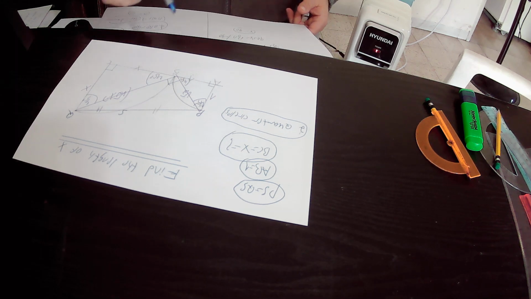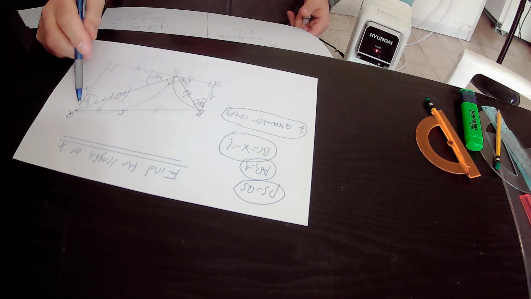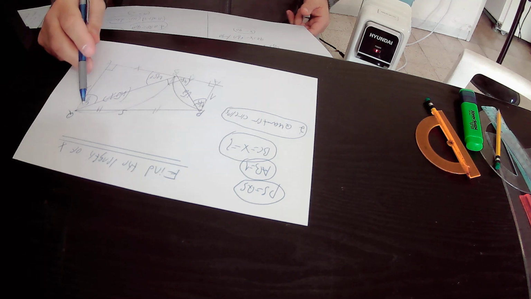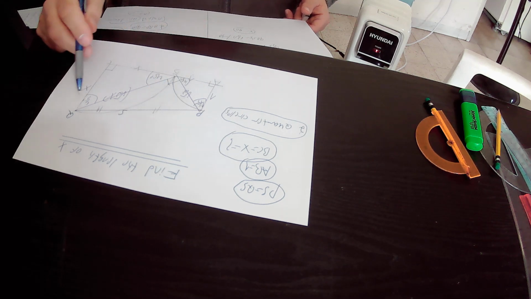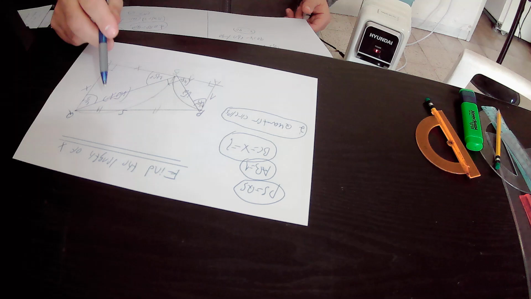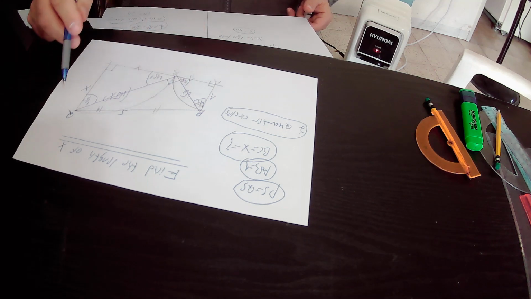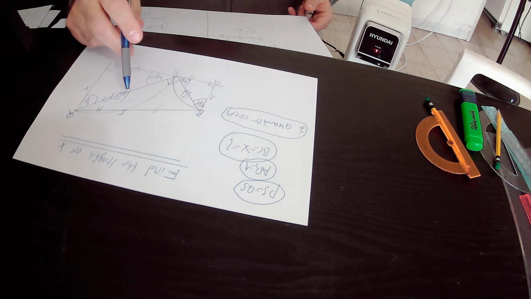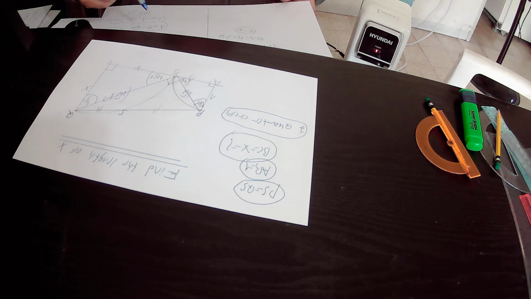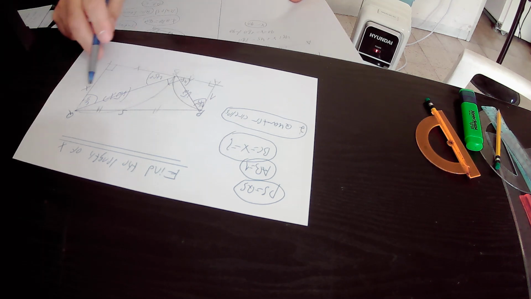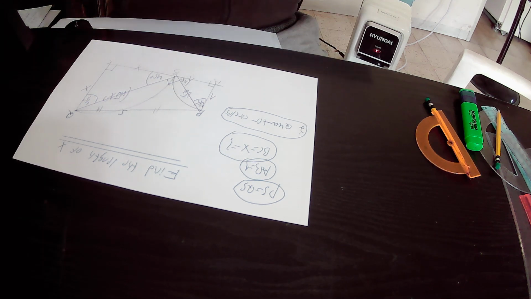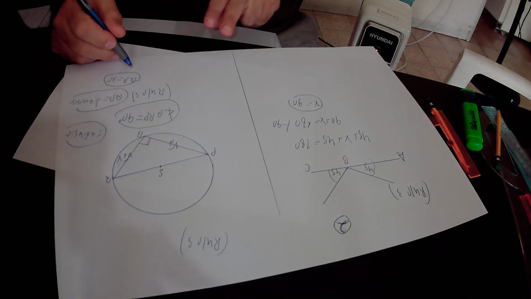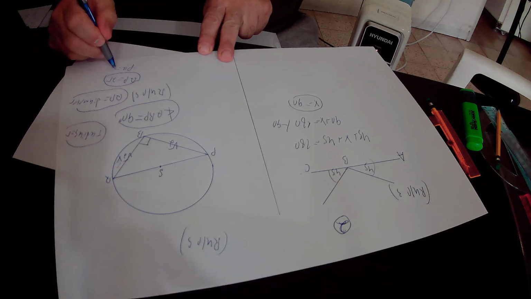So if PS is X, then QS must also be equal to X. In total, PQ equals PS, that is X, plus SQ, that is X, so PQ equals 2X.